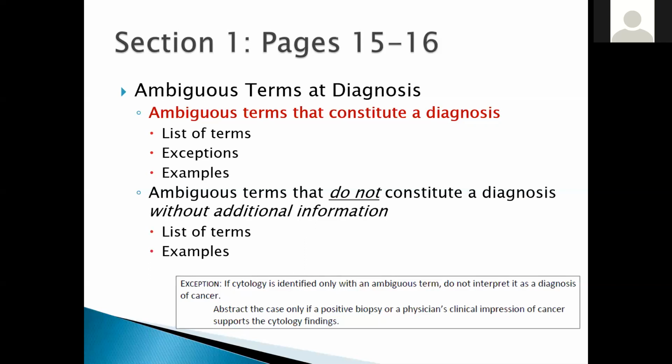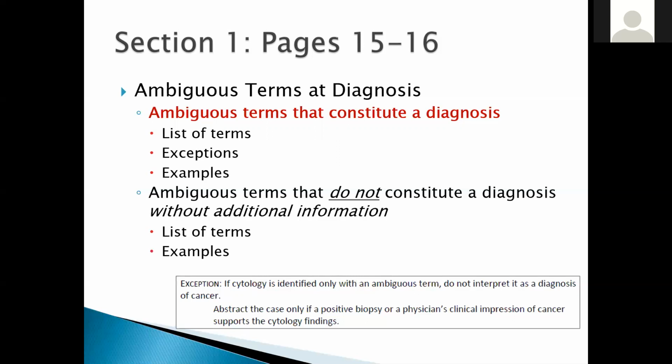There is also an exception listed for cytology. If a cytology is identified only with an ambiguous term, we do not interpret that as the diagnosis of cancer. Abstract that case only if there's a positive biopsy or a physician's clinical impression of cancer supports the cytology findings.